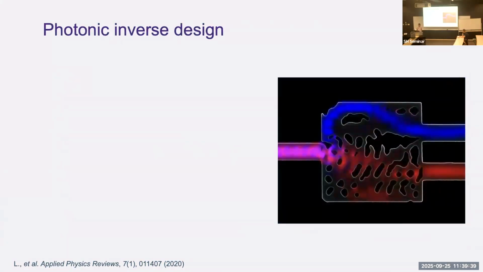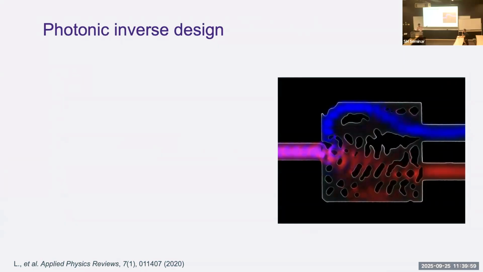Maybe you'll be familiar with this: Jelena Vuckovic's group started this photonic inverse design. It's really, really cool. I visited their group in 2019, before COVID, luckily. And they showed me spins. The devices look wild.